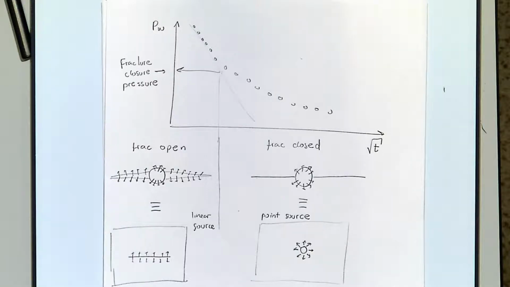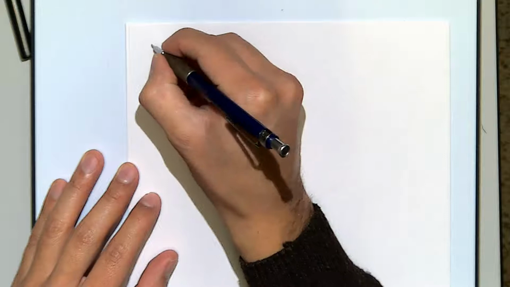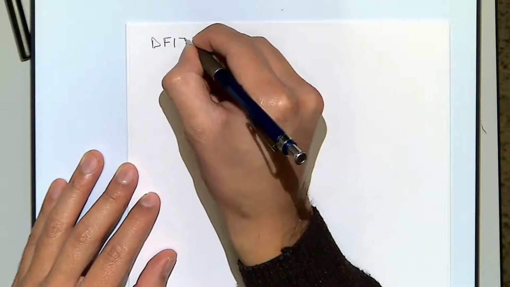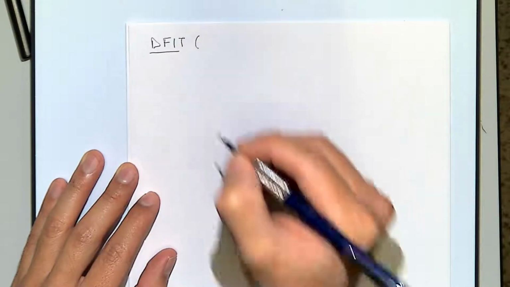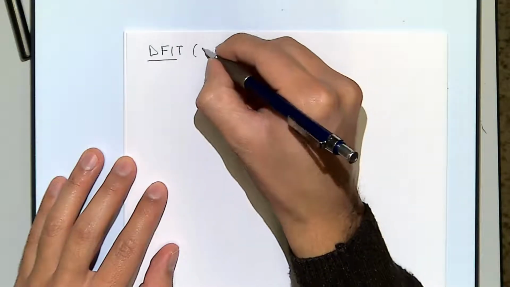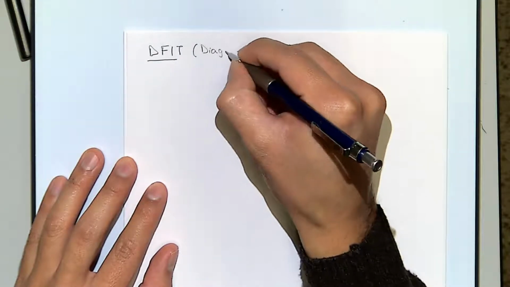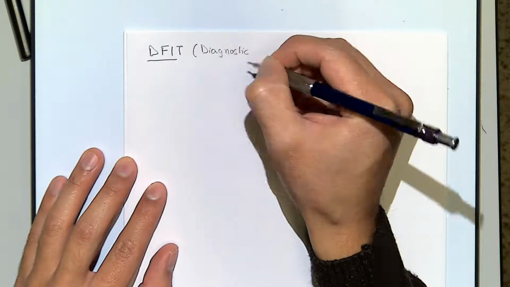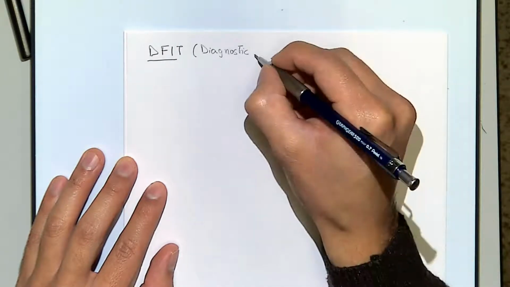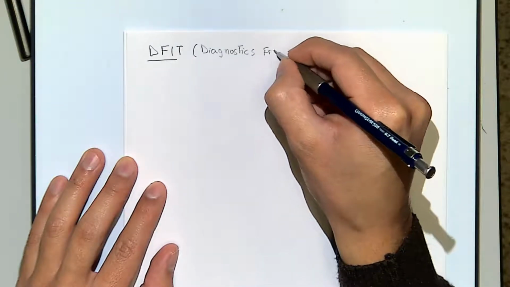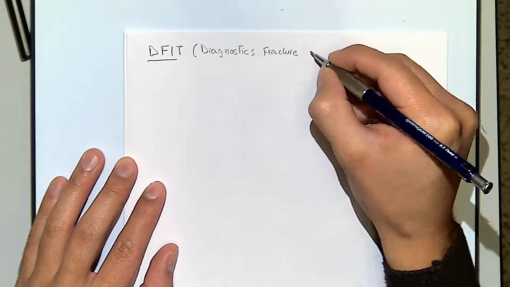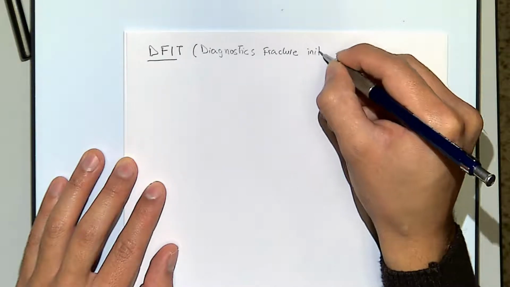But now the test is going to be a little bit different. And this test is usually called, it goes by the acronym of DFIT, and that stands for Diagnostic Fracture Injection Test.